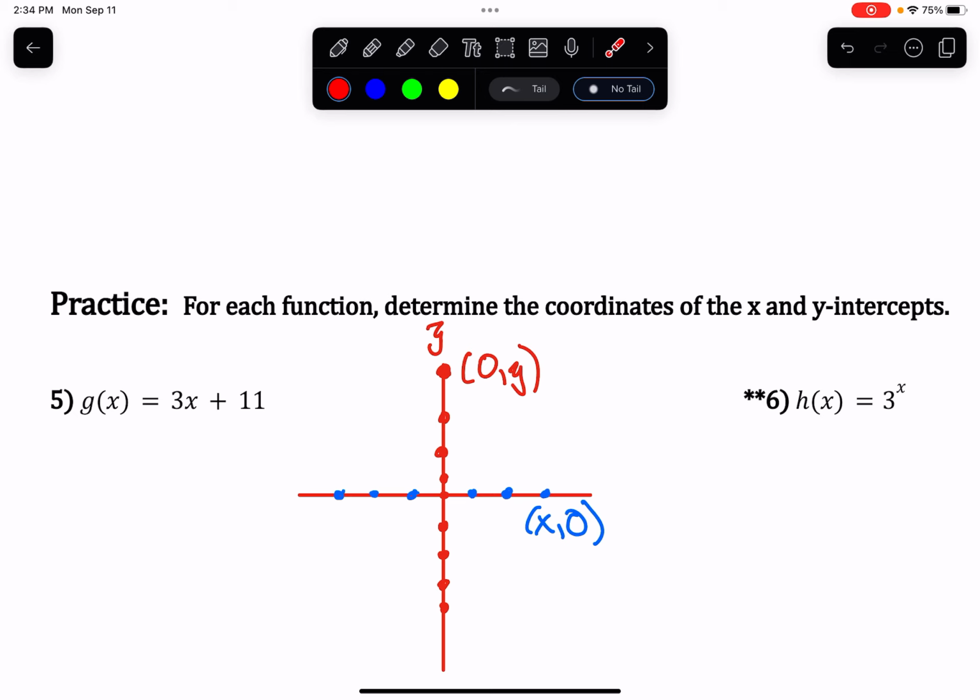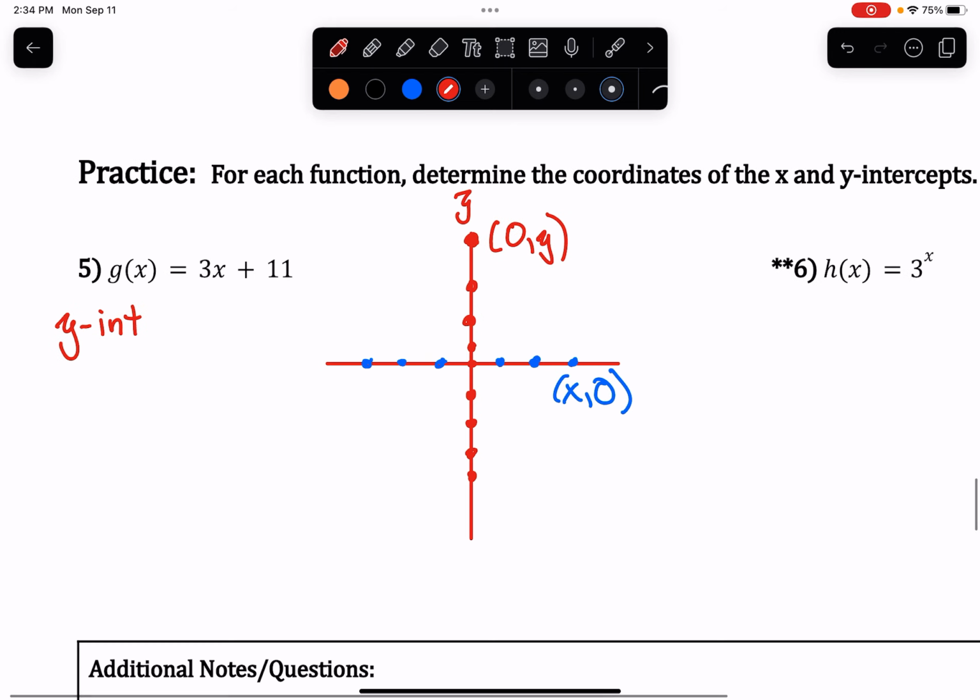Now, the way that we make use of this information is if I want the y-intercept, let's say I want the y-intercept for number 5, I know that on the y-axis, my x value is going to be 0. So what I do is I evaluate g of 0.